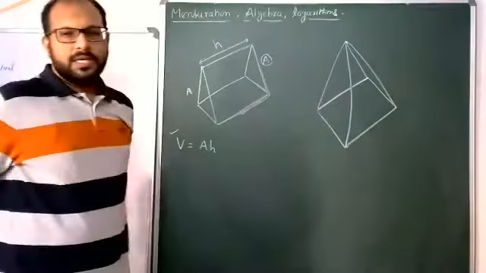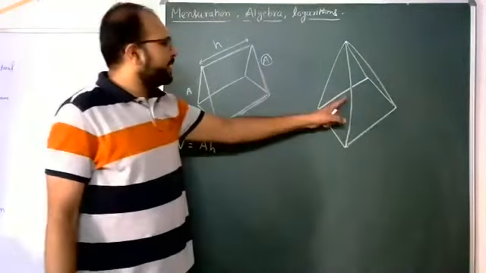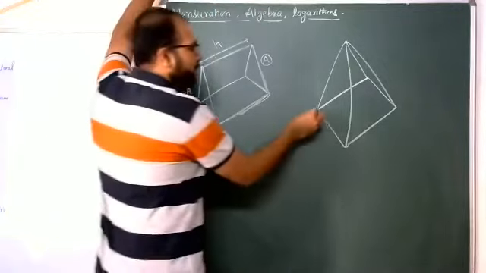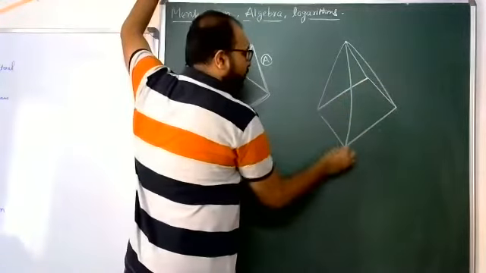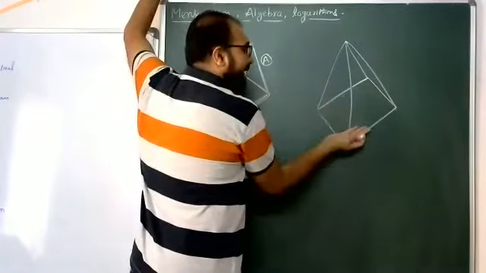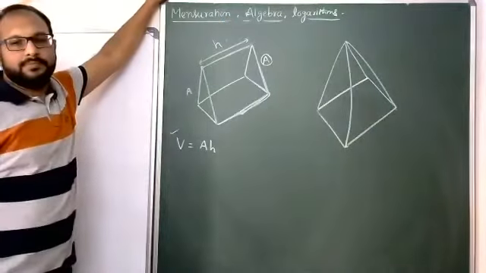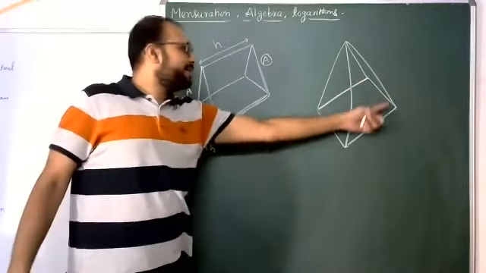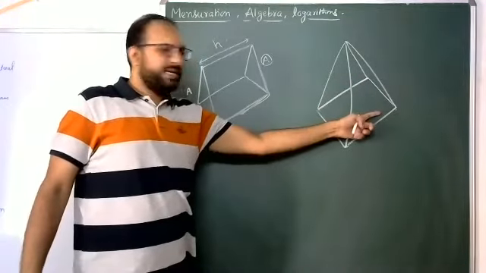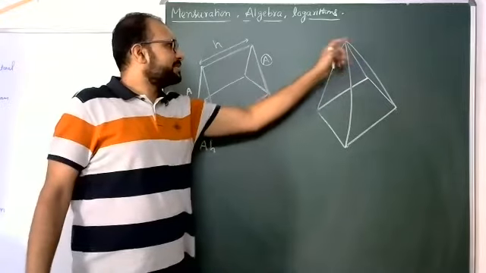See students, prism different, pyramid different. Now here total 4 vertices directly connecting to the fifth vertex. Means indirectly it is the base of our pyramid. This is the vertex.